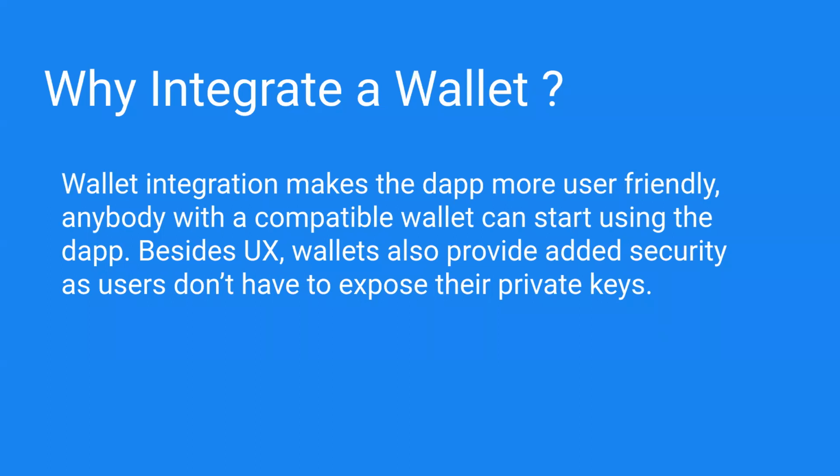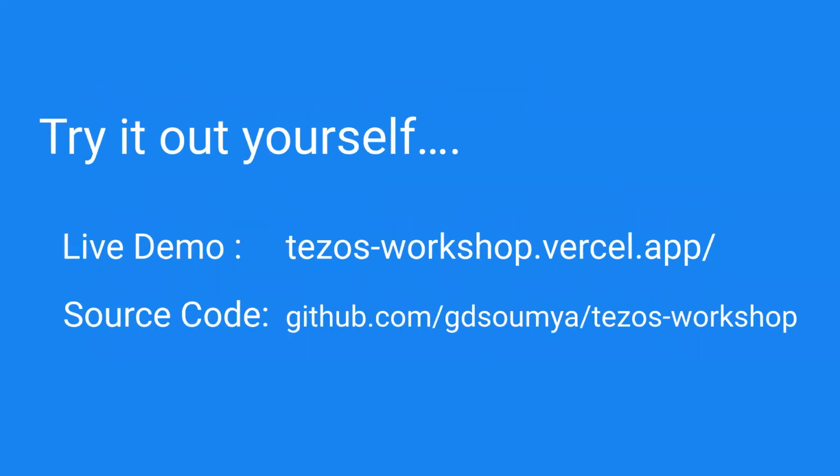They don't have to remember their private keys, and there's also security involved because they are not exposing their private keys; the keys are secured in their wallets. These are the main reasons why you want to integrate a wallet. And we'll quickly do a hands-on session for integrating the Temple wallet.